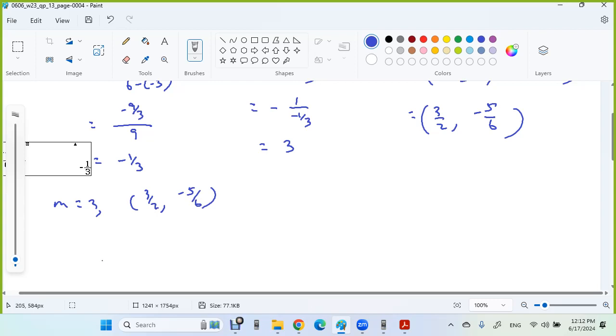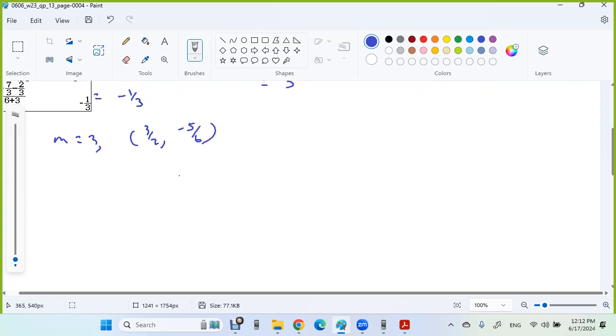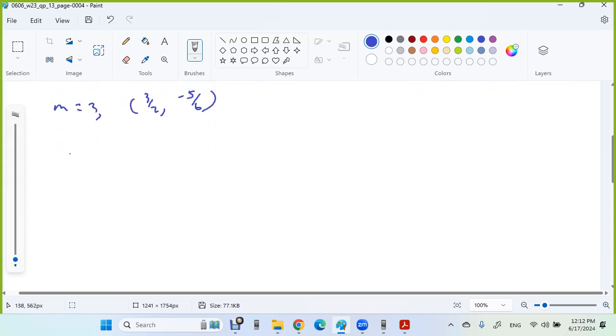So it will be y minus negative 5 over 6 equals 3 times x minus 3 over 2. So we will have 3x minus 9 over 2 minus 5 over 6.